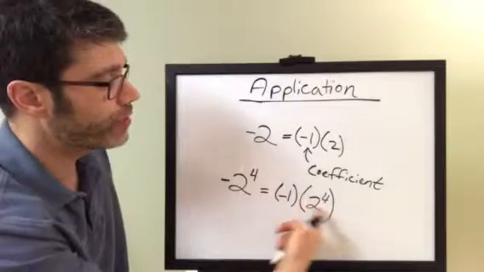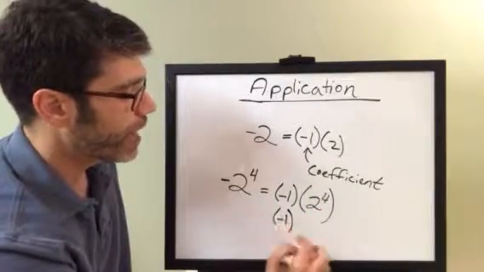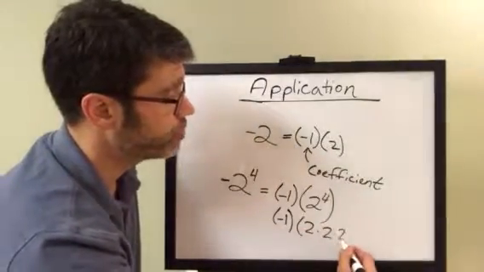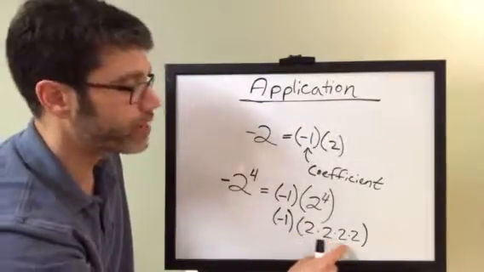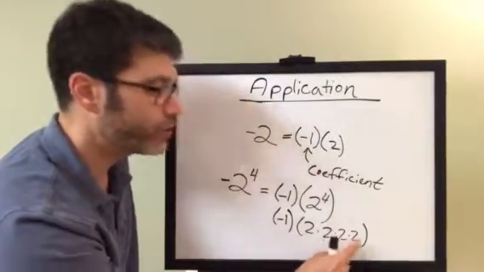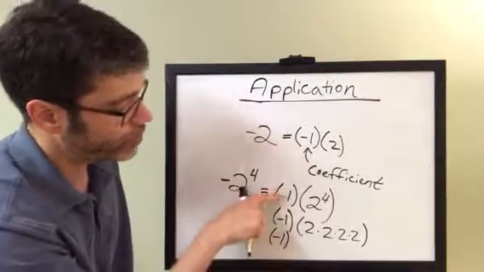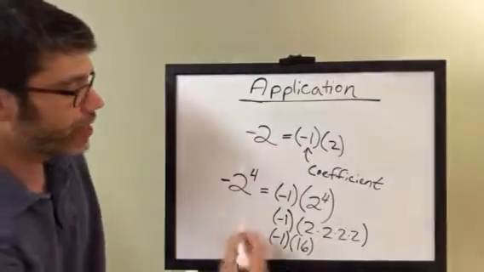So what if we wanted to evaluate this? This would look like negative 1, and then here, this is 2 expanded out, 2 times 2 times 2 times 2. So 2 times 2 is 4, times 2 is 8, times 2 is 16. So this is negative 1, and I'm following this down and multiplying that times 16.